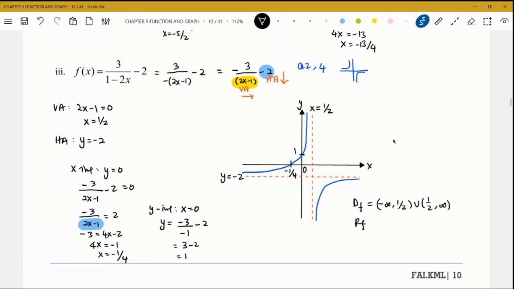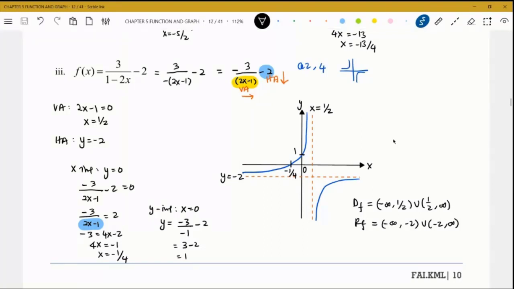Okay, range: negative infinity sampai negative 2, union to -2 to positive infinity. Okay, so that's how we do for the reciprocal function ataupun rational function.